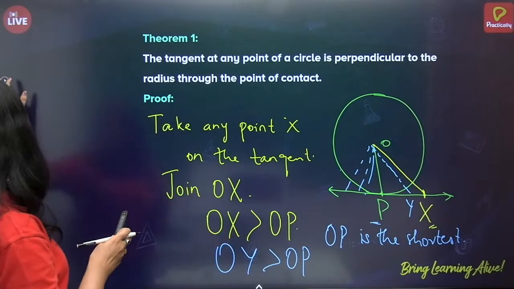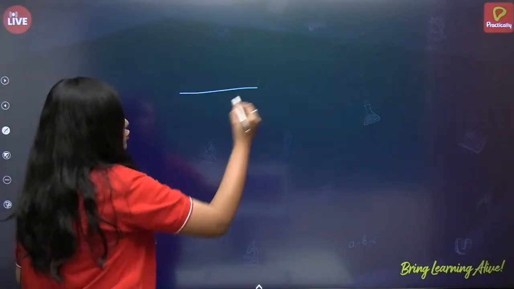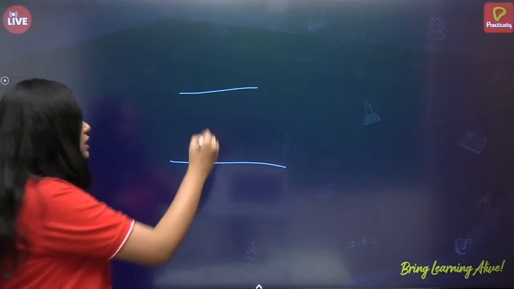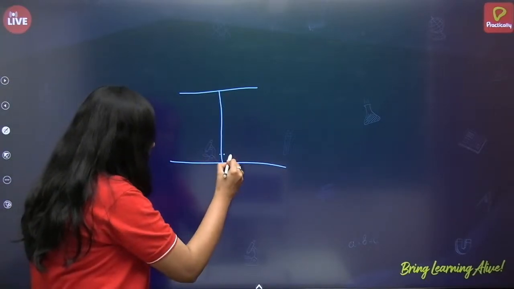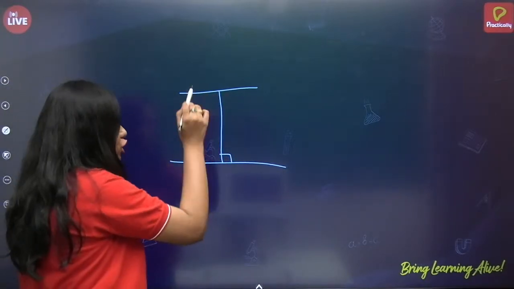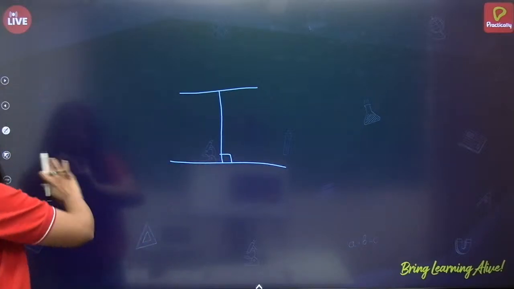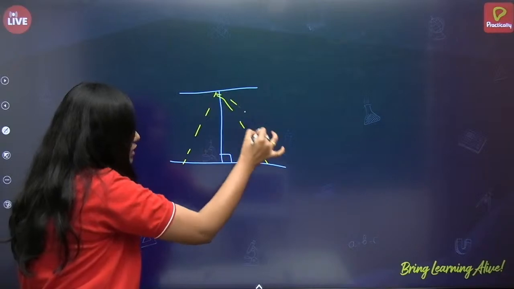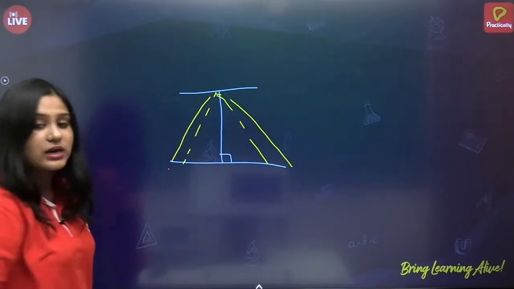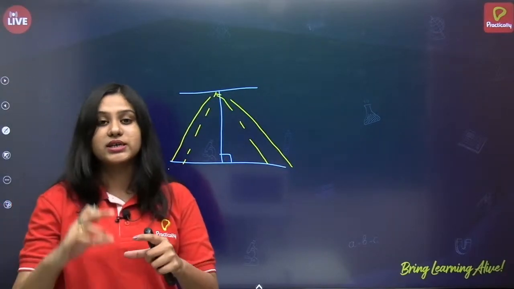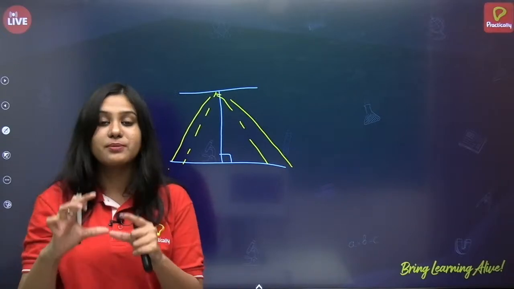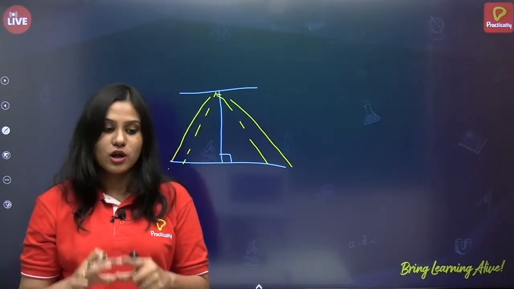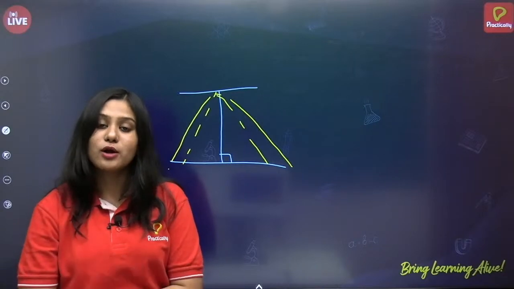Okay, let me just explain this. Suppose there are two lines. Now, I say that this is the perpendicular and this is the shortest. Why? Because if you take any other like this, these are longer and these are also not perpendicular, correct? So, the shortest distance between the 2 points is nothing but the perpendicular. And what do we know about a perpendicular?